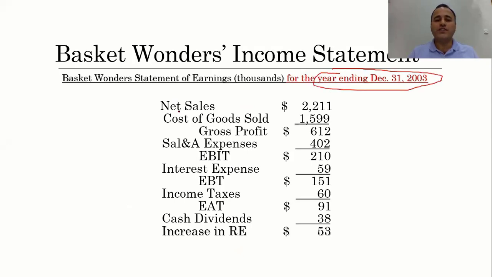So all these, for example, net sales, is the total dollar amount of sales for the whole year, starting from January 1st, ending at December 31st, 2003. So the main difference between the balance sheet and the income statement is that a balance sheet is made as on a specific time, and an income statement is for a whole year or a whole quarter or a whole half year. So it's made over time.